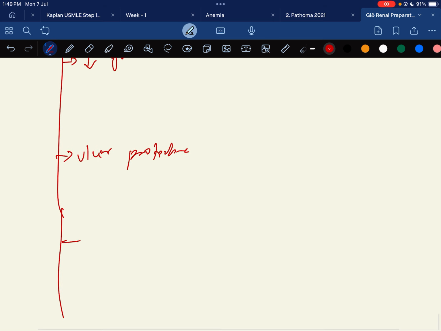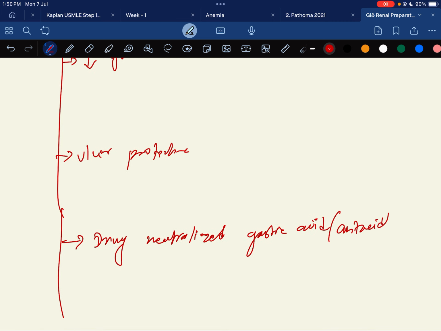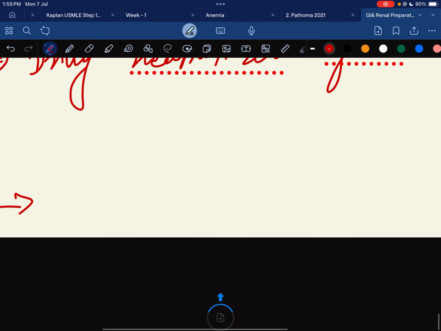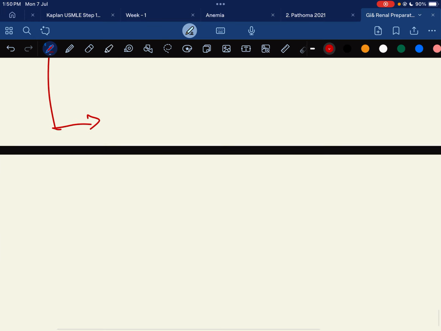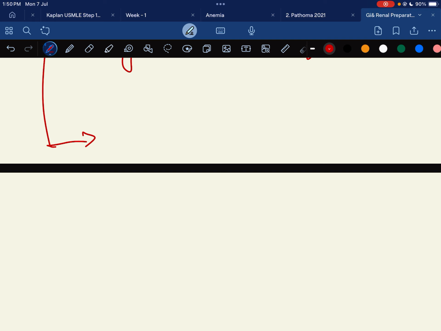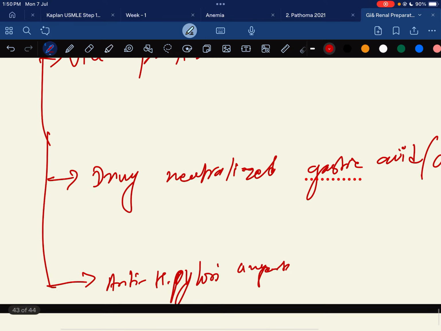Then the other class is drugs that neutralize gastric acid, also known as antacids, and drugs like anti-H pylori agents. And this is the classification.